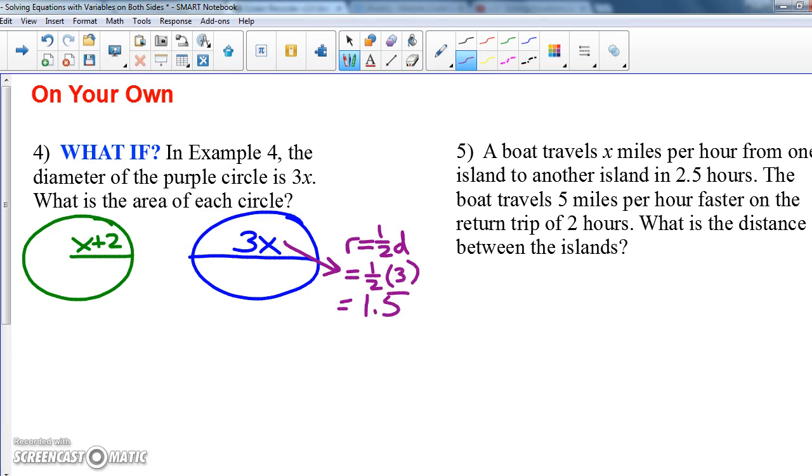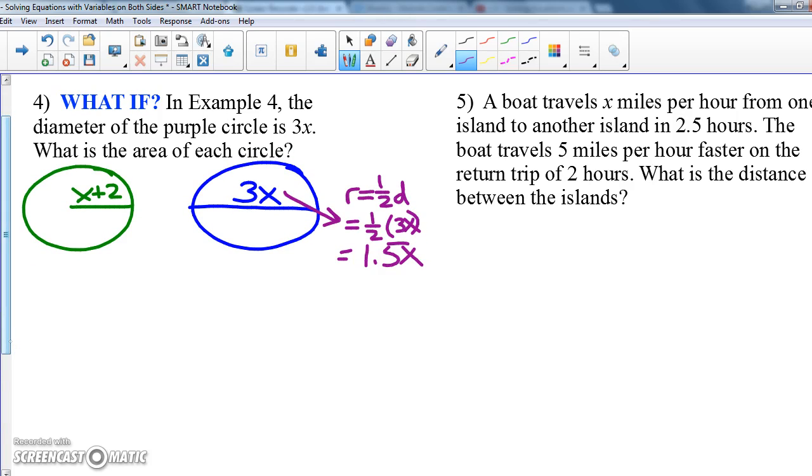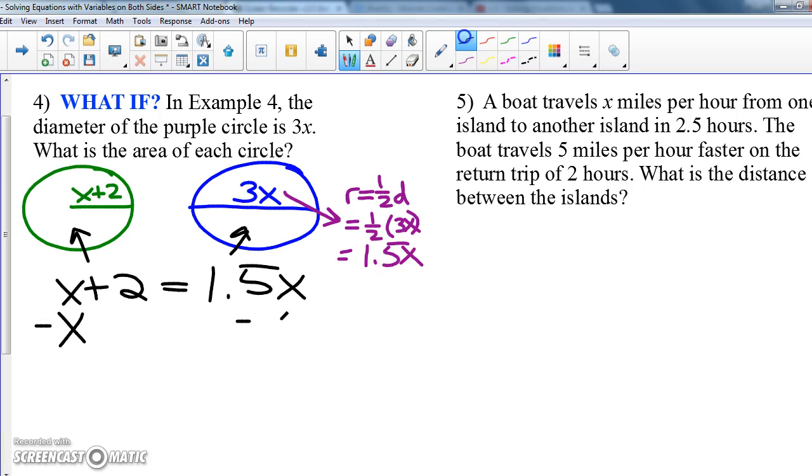Now I'm going to set the radii equal to each other. So I've got x plus 2 equals 1.5x. The radius of this one equals the radius of this one. I'm going to move my x over. This is 1, right?